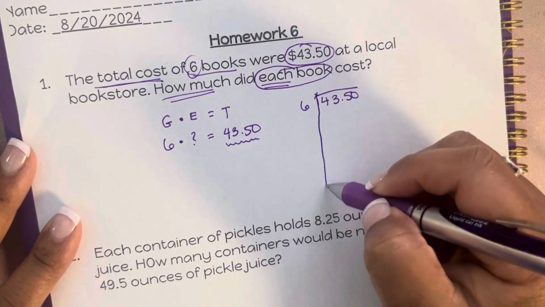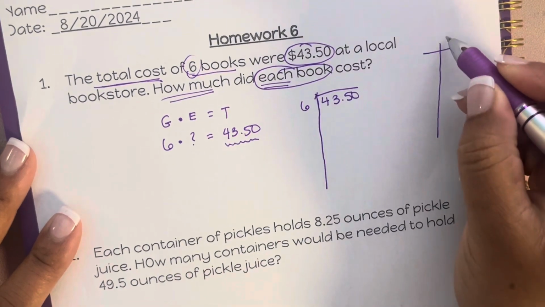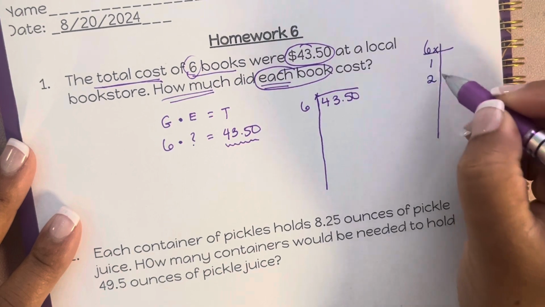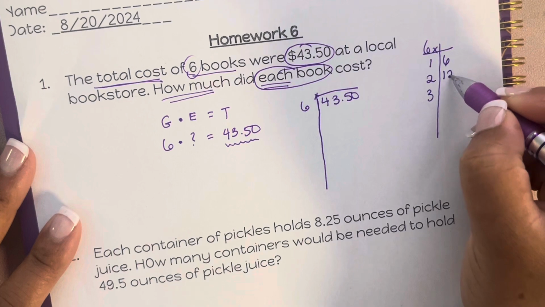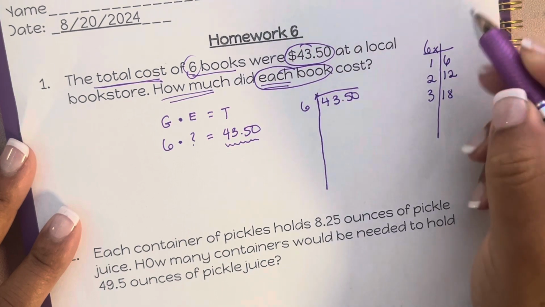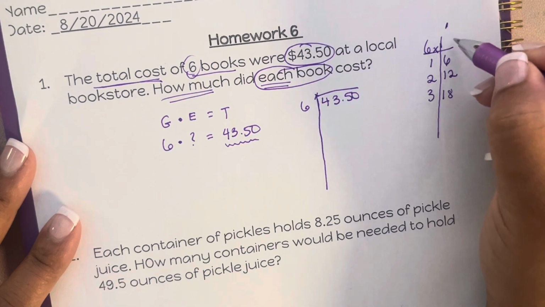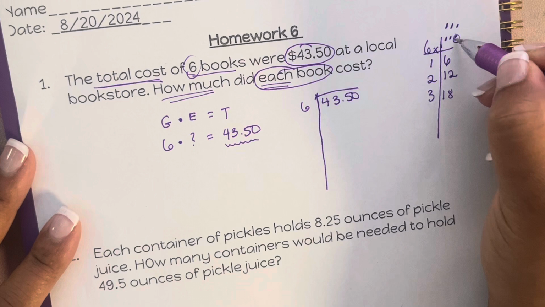Now, I like to draw a T-chart either here or here, doesn't matter. And we're looking at 6 times 1, 6 times 2, 6 times 3. 6 times 1 is 6, 12, 18. And for those of you that this could help, you could also over here draw 6 lines, 1, 2, 3, 4, 5, 6, circle the last one.